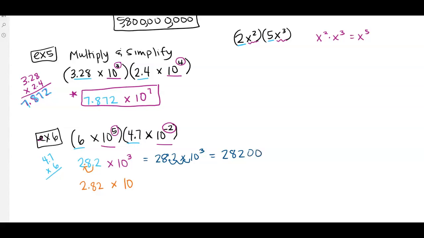But then if I take this number and change it into scientific notation from here, I'd be starting at the end and having to move my decimal so that it's between the 2 and the 8. How many places did I end up moving it?